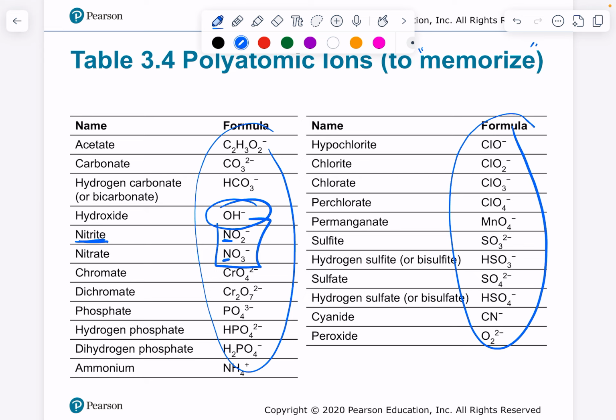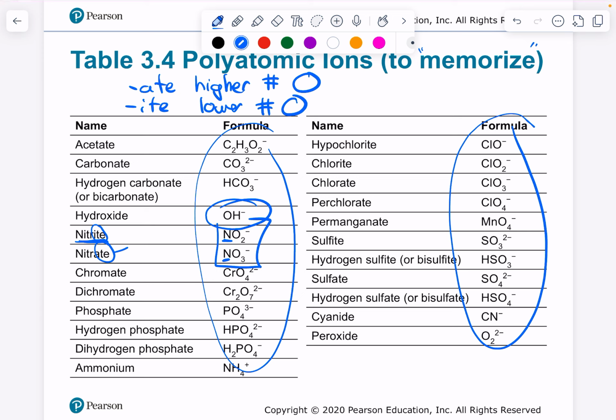Lots of the endings for ones that have multiple compounds have endings of "ite" or "ate." Those are oxygen compounds, and they don't always indicate how many oxygens they are, but "ate" is always the higher number of oxygens, and "ite" is the lower number of oxygens.